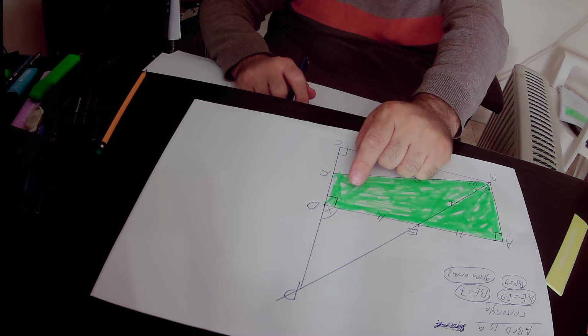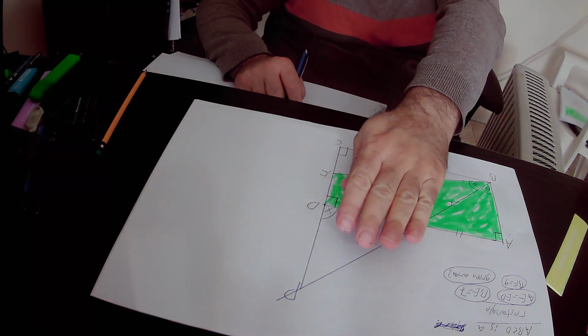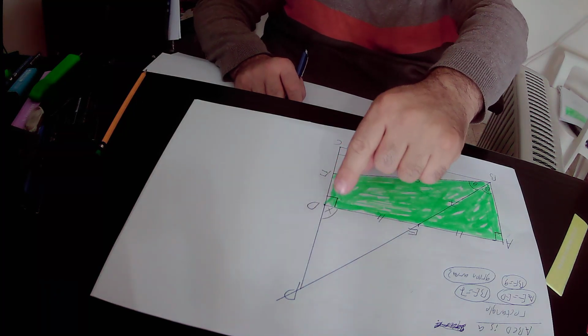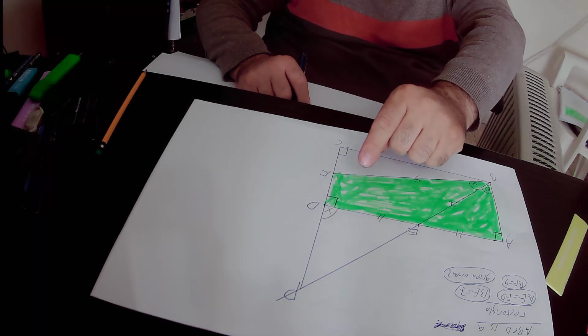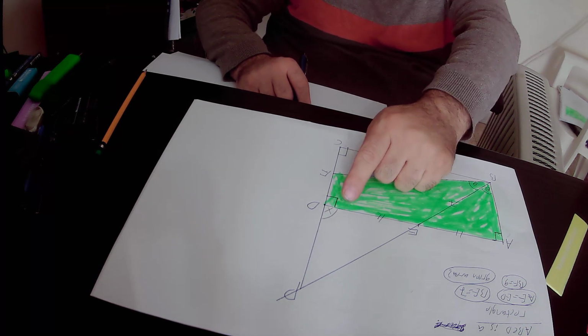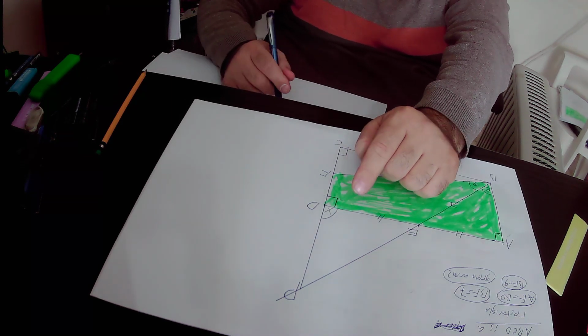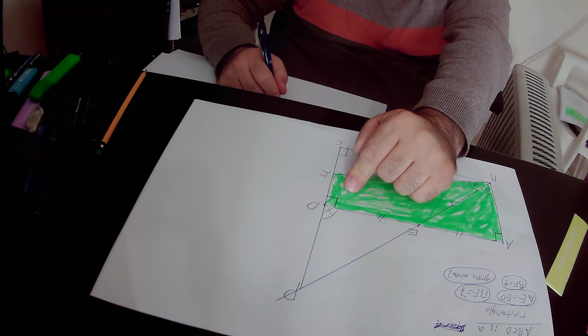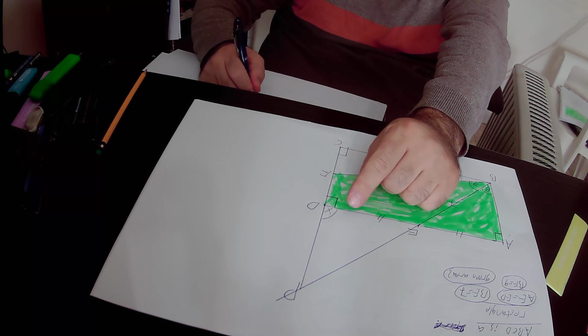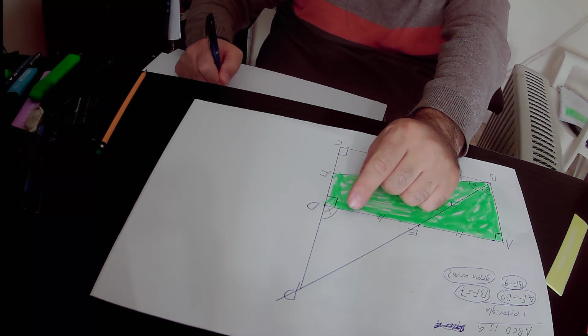So which angles do we have at point D on this side? We have angle x plus this angle that is a right angle, that is to say it equals 90 degrees. The sum of those two angles must be equal to 180 degrees according to rule number 1.